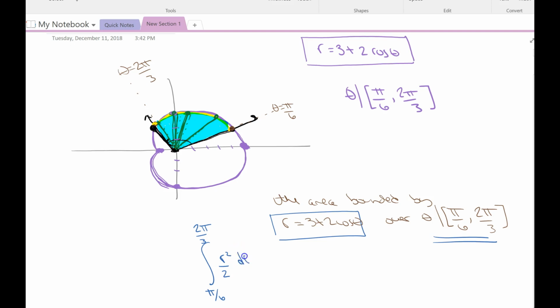The dummy is d theta, because r is a function of theta. What I almost always do is pull the 1/2 out: 1/2 times the integral from pi over 6 to 2 pi over 3 of (3 plus 2 cos theta) squared d theta.